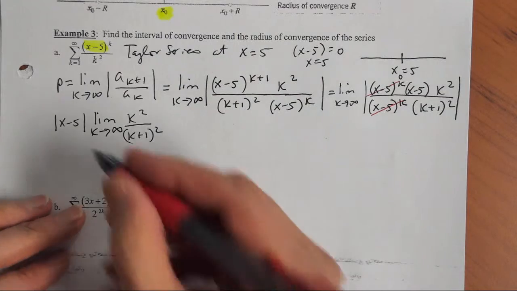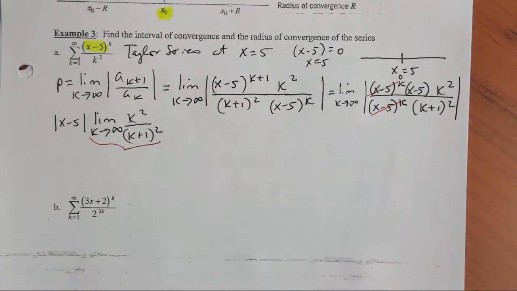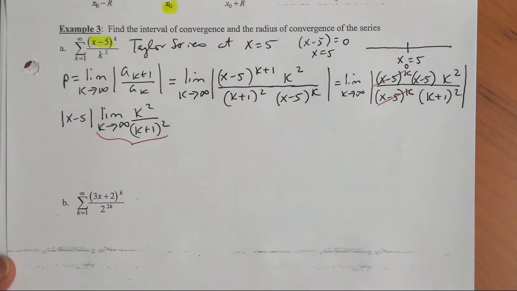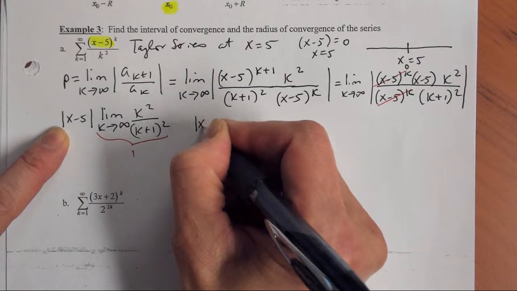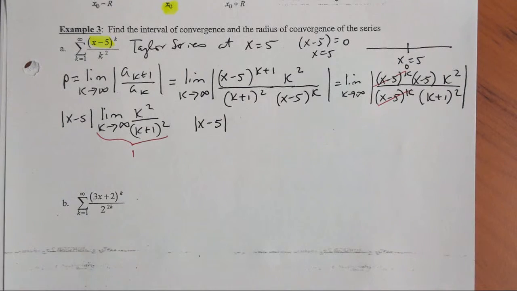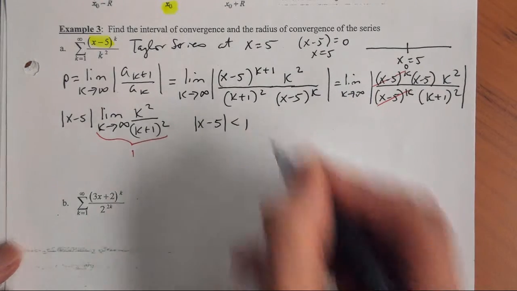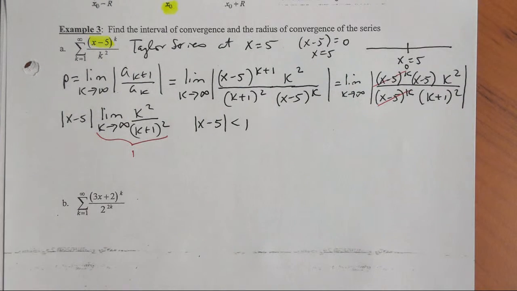So now you're evaluating this portion right here. That is equal to 1. So then my rho value is the absolute value of x minus 5, and to force it to converge, it must be less than 1. Okay, the absolute value is already isolated.